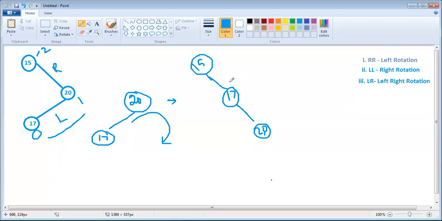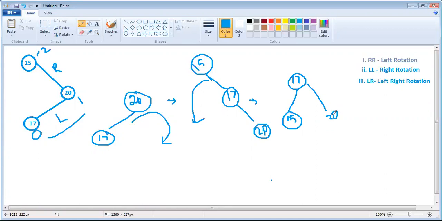So how will you do left rotation? This is the node violating the rule. I'm keeping these two as such, and I'm rotating this node. So what is the resultant? 17 will become the root node, and then 15, and then 20.